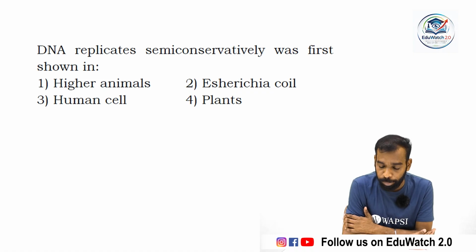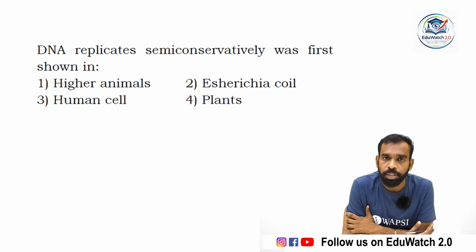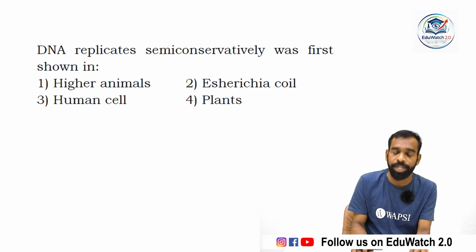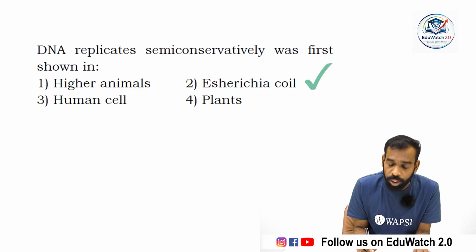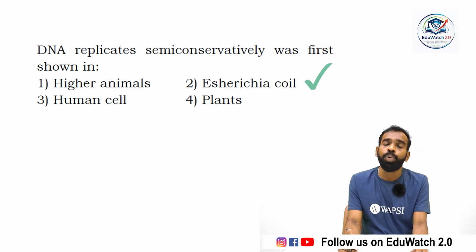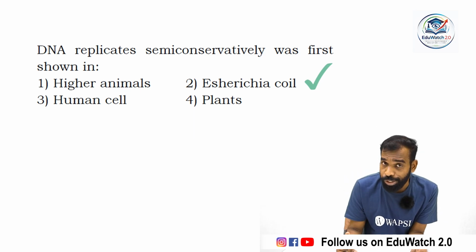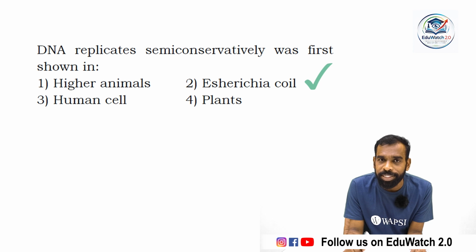Human animal, E. coli bacteria, human cell or plants, we have 4 options. It is clearly mentioned in our textbook. E. coli bacterium was used to demonstrate semi-conservative DNA replication. So the correct answer is option 2.